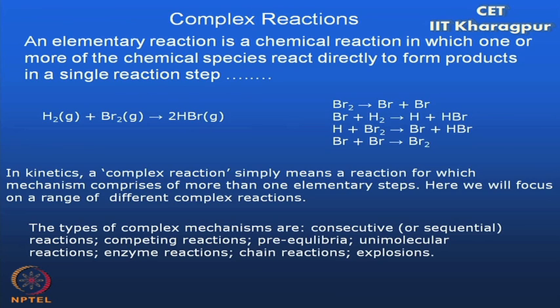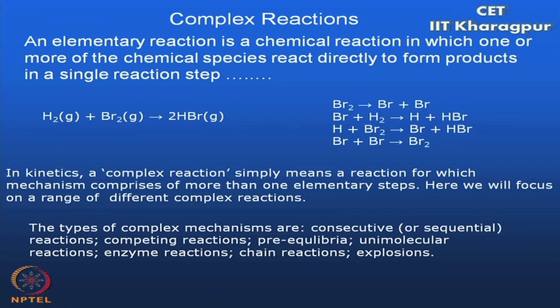Explosion, as I told you, with increase of temperature above a certain temperature there is a huge increase in rate. So, explosion is also a case of complex reaction. So, consecutive, competing, pre-equilibria, unimolecular reactions, enzyme reactions, chain reactions, explosions, these are primarily complex reactions.